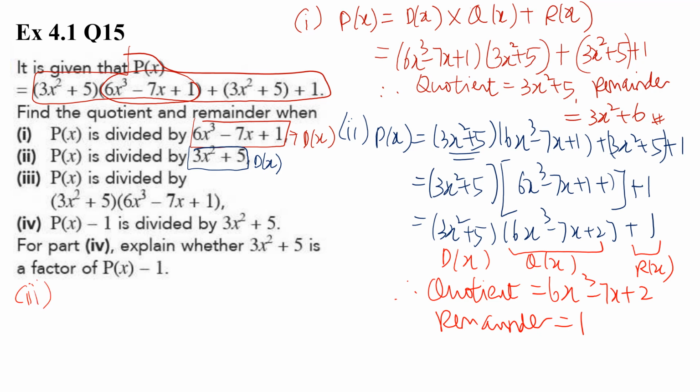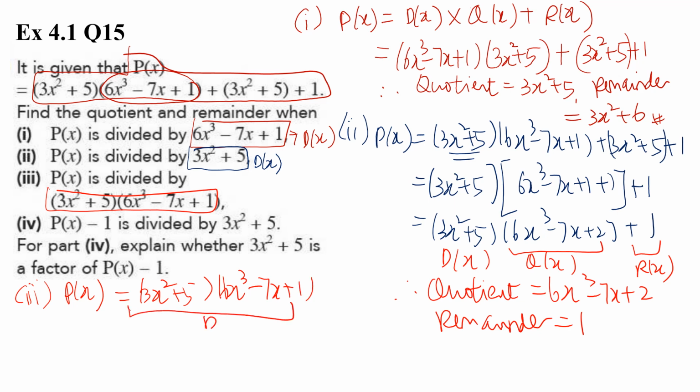Let's see what happened in part 3. So now this whole chunk of thing becomes your divisor. If the whole chunk of thing becomes your divisor, then the quotient has to be 1, right, isn't it? Because your 3x squared plus 5 times 6x cubed minus 7x plus 1 now becomes your d of x.